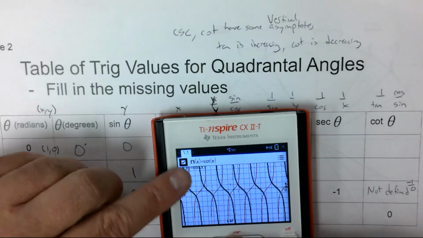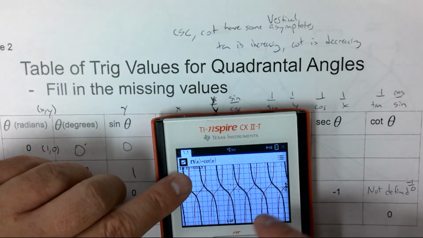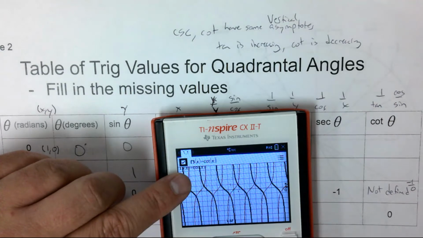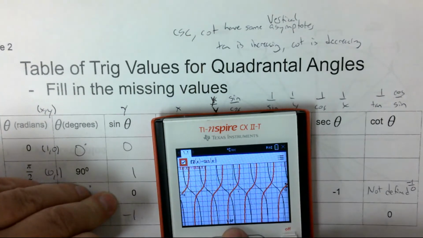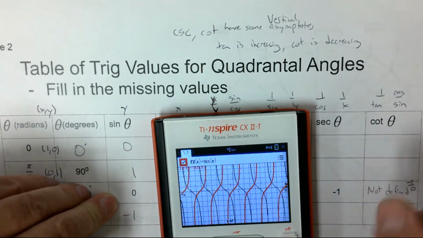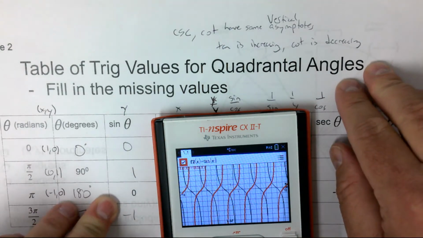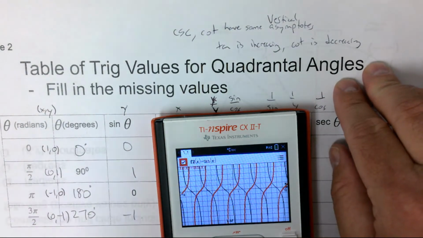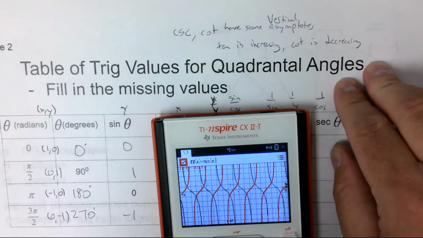Cotan is the black one, that's decreasing, and tan is increasing. That's the red one. I know this is a lot to take in, but these are a lot of things you're going to learn as the next chapters go by.